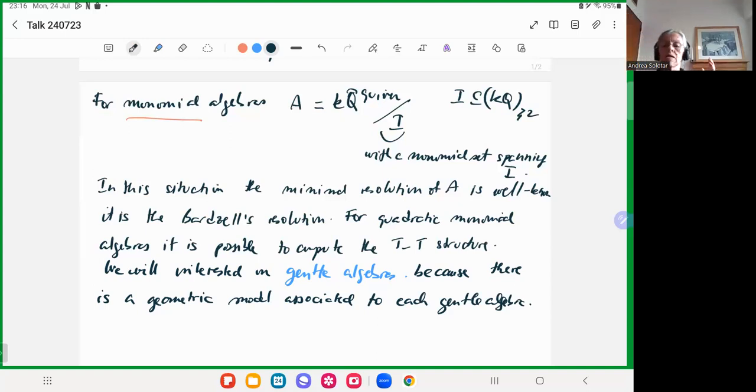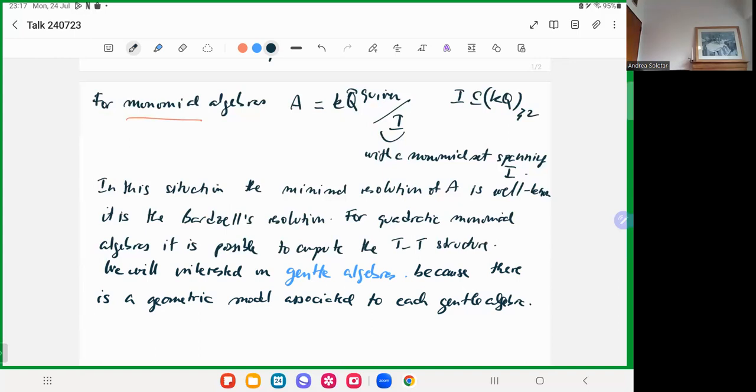So the idea is that we are going to see all the elements in the homology and the cohomology not only in terms of the quiver of the algebra A, but also in terms of the curves that appear in a surface that is associated to the gentle algebra. Okay.